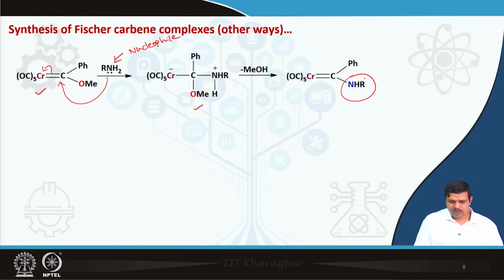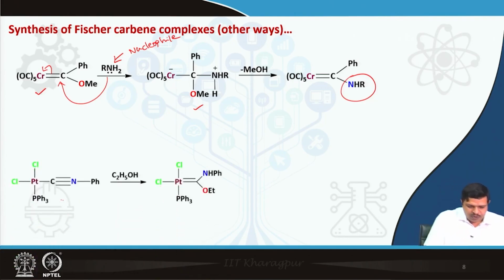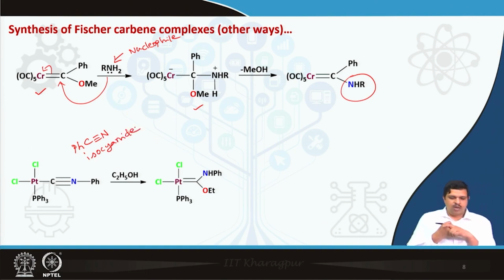And not only that, we can also use this kind of precursor, where you know that this is also a fantastic ligand, and this is called phenyl isocyanide, and the category of this kind of ligand is isocyanide. It is routinely used to make the precursors of different metal complexes, and this one is labile, and also more feasible.